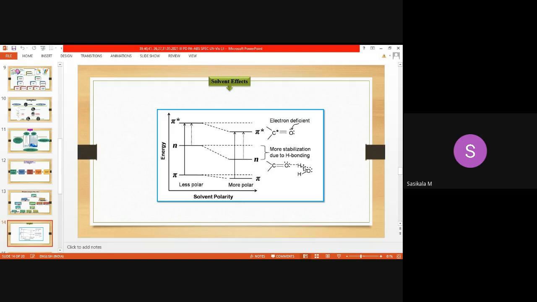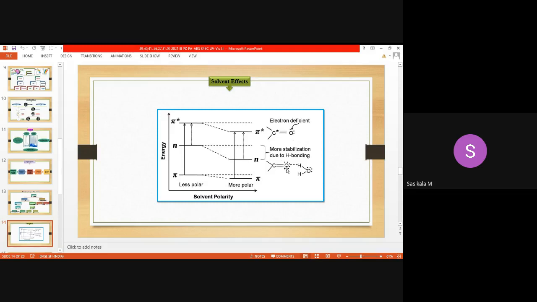But when hydrogen bonding forms, these electrons, instead of contributing to the double bond, contribute to hydrogen bond formation. So the lack of electrons makes the double bond a stronger bond. That is what is meant by more stabilization.